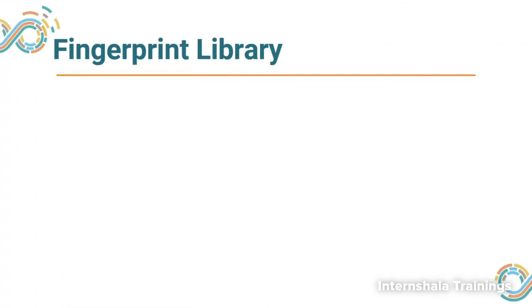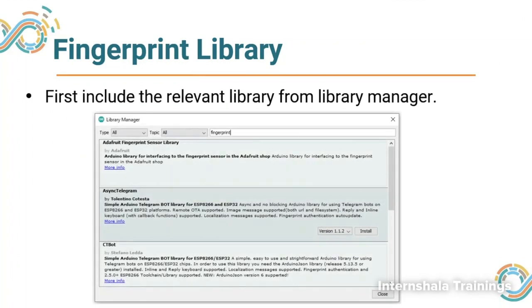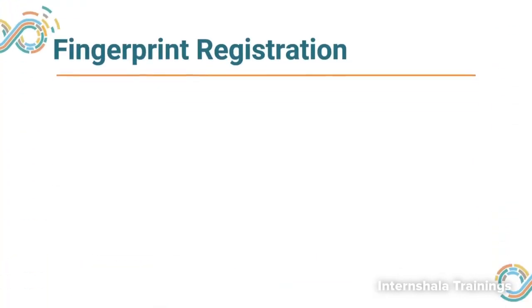Now, as we told, we have a library. We have to search for it in the library manager, and based on the company whichever you are purchasing, it can be Adafruit, Async Telegram, CTBot, or there are more companies which produce these fingerprint sensors. You have to choose and select the library and install it.